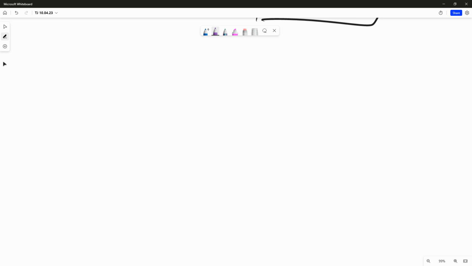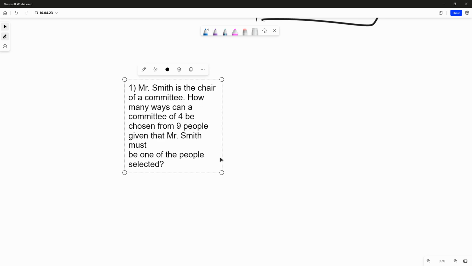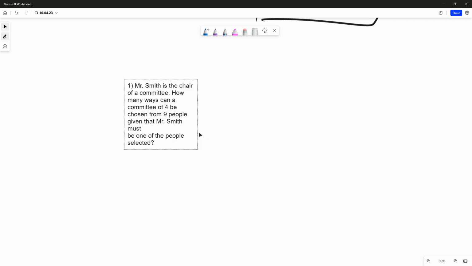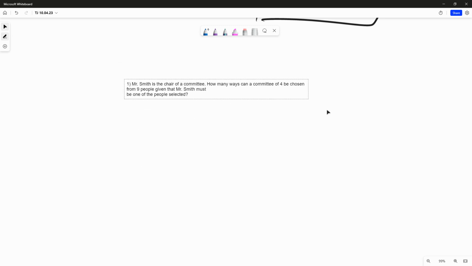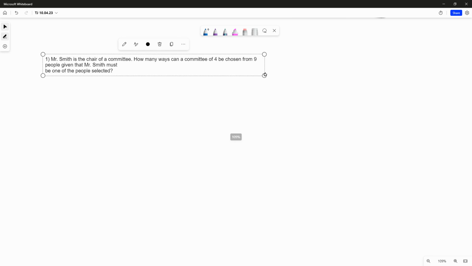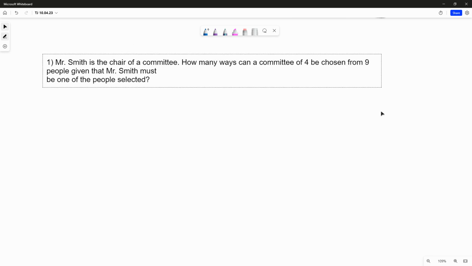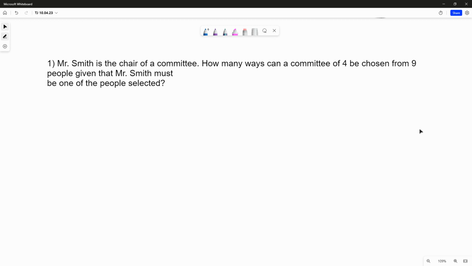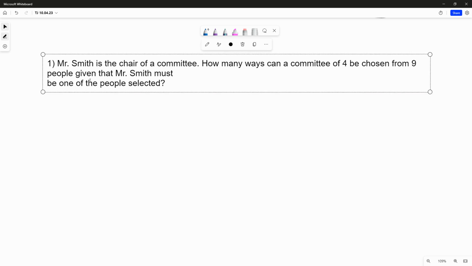All right, so for the examples here, example number one. Mr. Smith is the chair of a committee. How many ways can a committee of four be chosen from nine people, given that Mr. Smith must be one of the people selected?